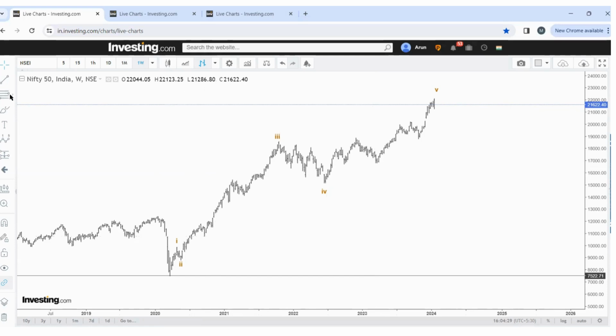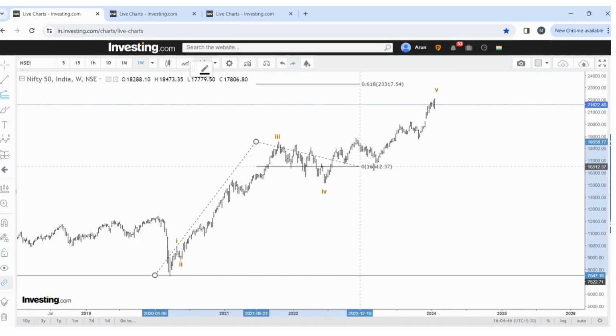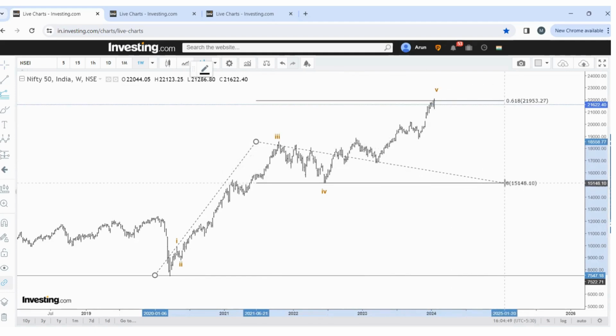So I'm checking the fifth wave target, whether it reaches that 61.8% or 50%. Taking the fib extension from the wave 1 low to the wave 3 high, and projecting from the wave 4 low, see the top.